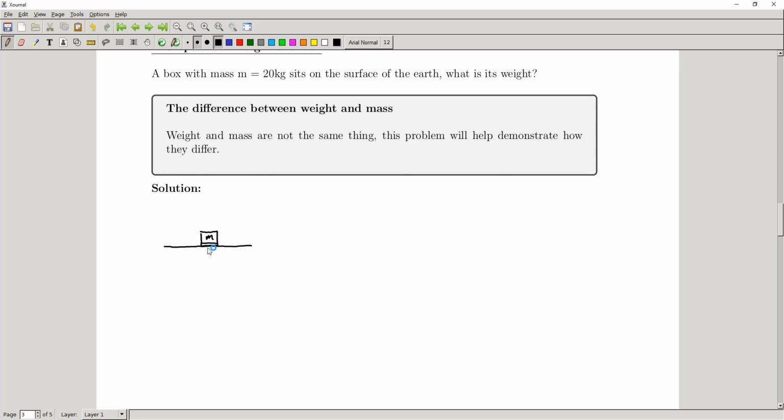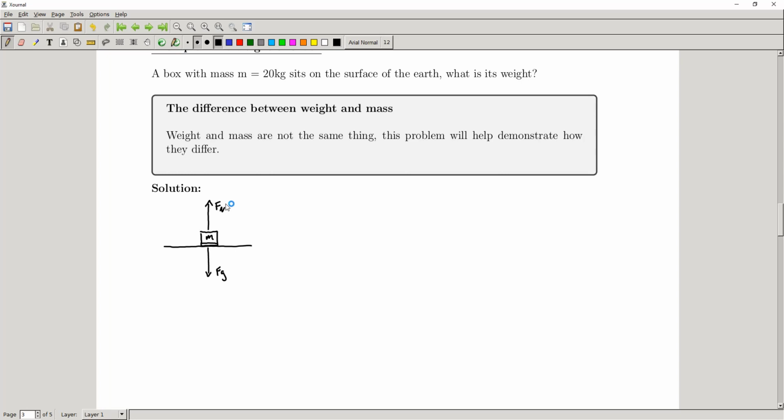Well, we know there's the force of gravity pulling in this direction, right? And this thing is not accelerating, right? It's sitting on the ground. So the ground is exerting some sort of force. We call this force a normal force, pushing up on the box, keeping it so that the box isn't accelerating down into the ground, right? So we have some normal force pushing upward on the box, right?